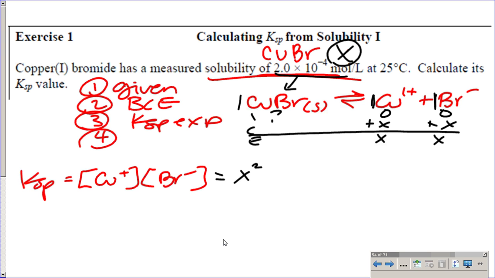However, the value can change. If I was dissolving to 2 bromides, then I would have 2X here, and that would be multiplying X by 2.